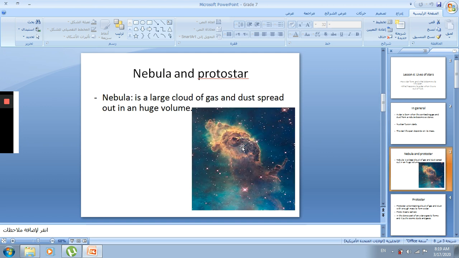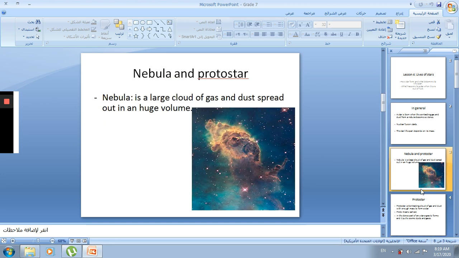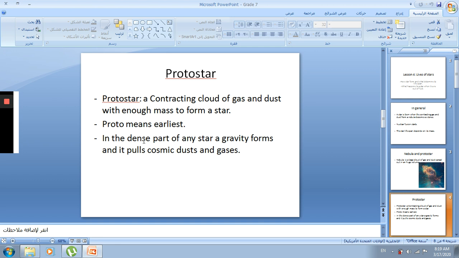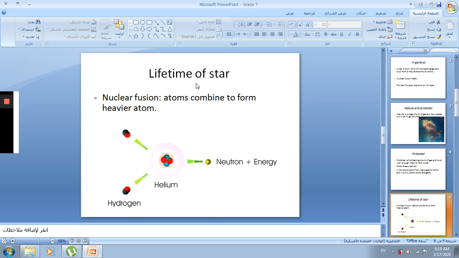After forming, the star, as any mass, will have a center that absorbs and pulls anything around it. So we call it the dense part. The dense part pulls anything toward the center of the mass. That's what happens in star formation. Now, the lifespan or lifetime of a star.